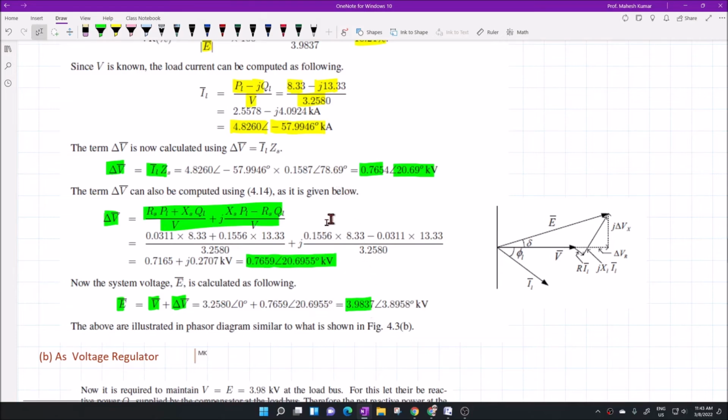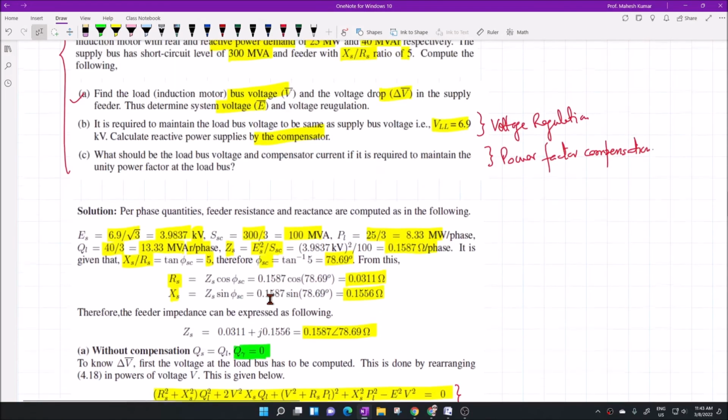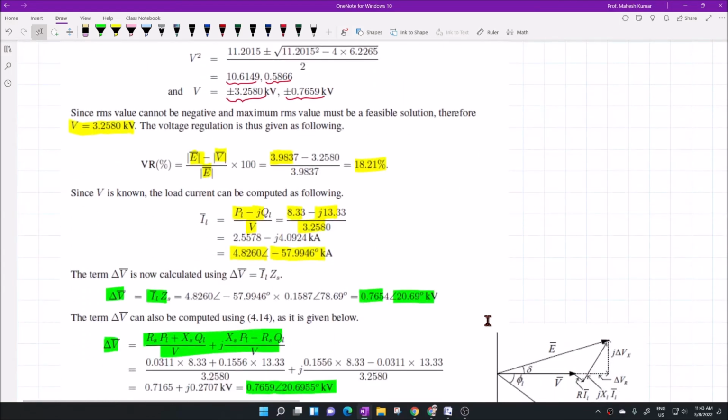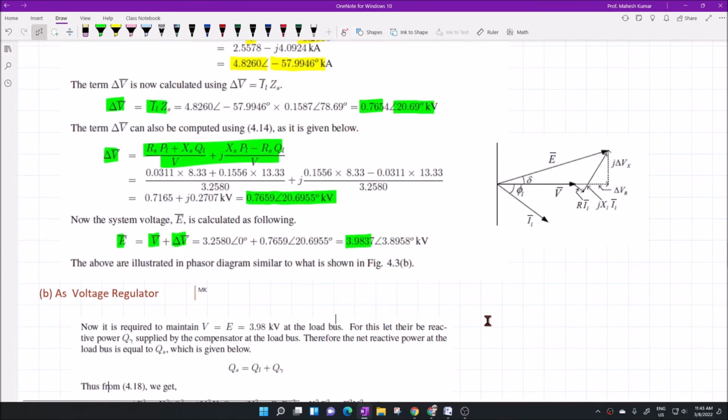That is 6.9 kilovolt by root 3. You can see in the beginning 6.9 by root 3. So this will be same as 6.9 by root 3. And these are shown here. This is the V. This is the current IL.